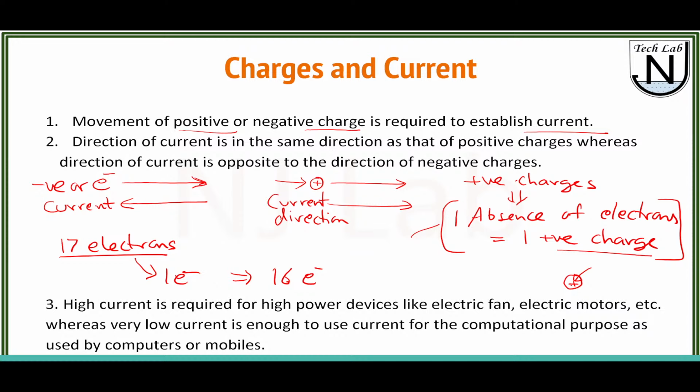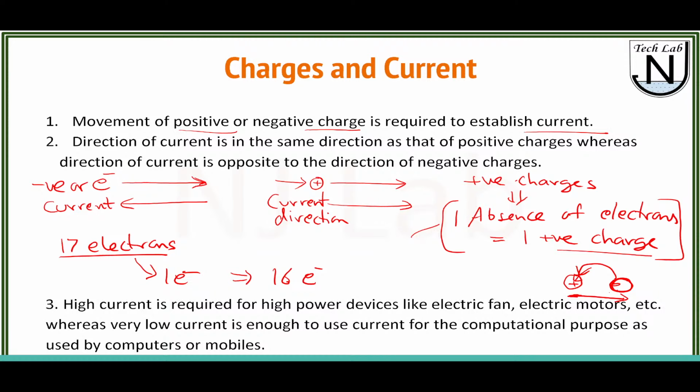Now if this positive charge, meaning the absence of electron, receives an electron from the neighbor, then this neighbor will now be deficient of one electron. This neighbor will have one less electron, so the positive charge will just flow from this location to this location, right? So in this way, the absence of electrons can also flow.